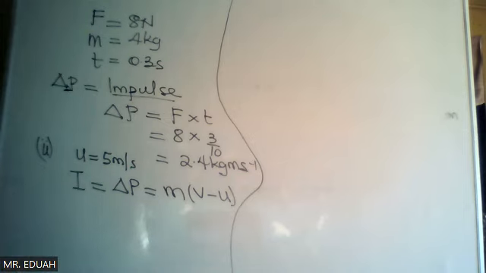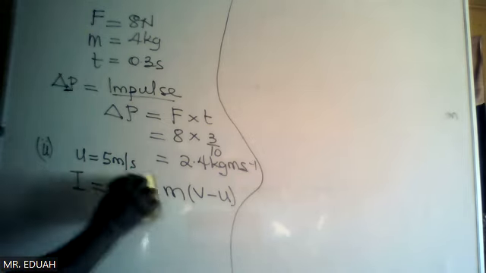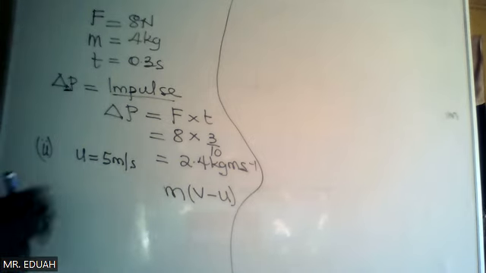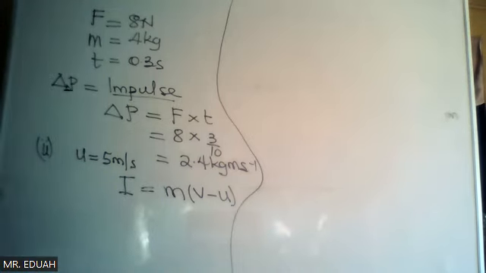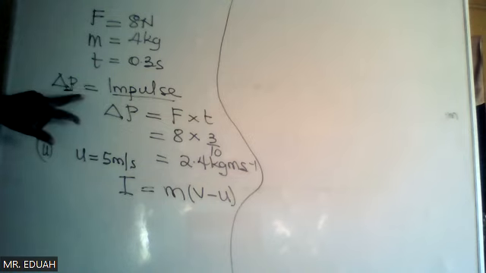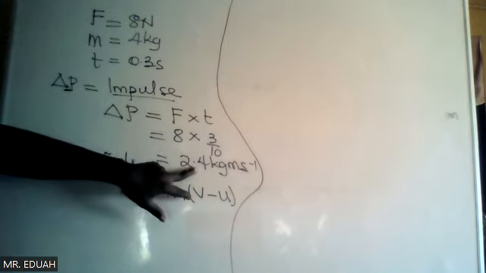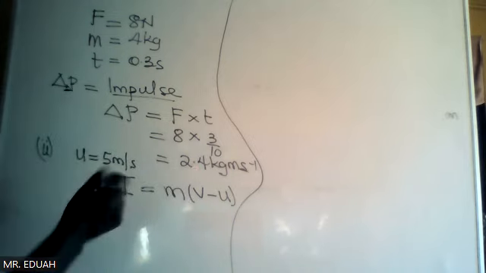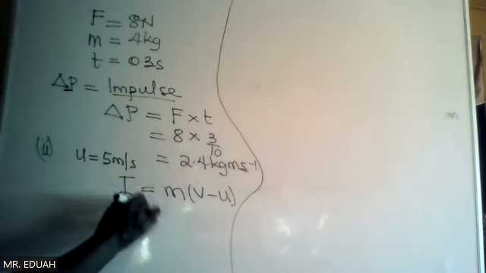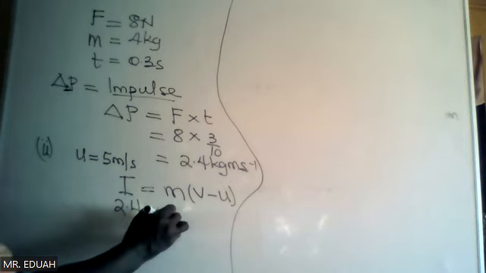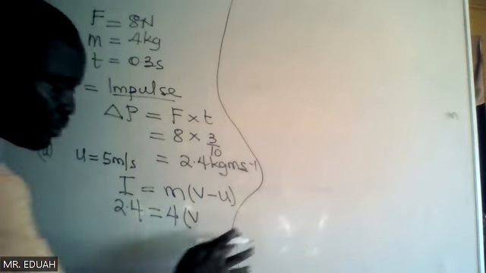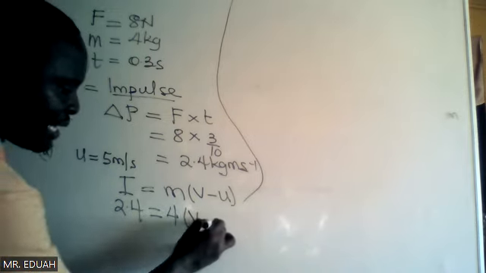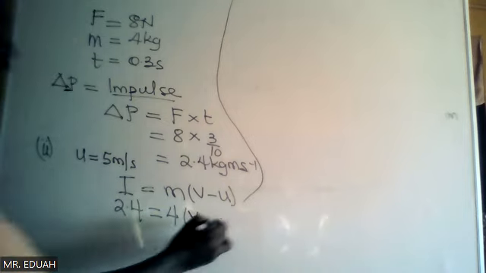So all that we need is this: I is the impulse, which we've calculated. Impulse is equal to change in momentum, and I is 2.4. So we have 2.4 is equal to the mass, which is 4, times V, the final velocity, which we are looking for, minus the initial velocity, which is 5.